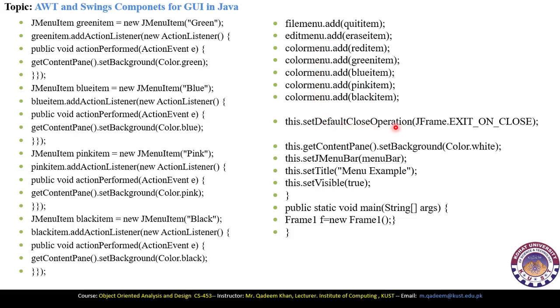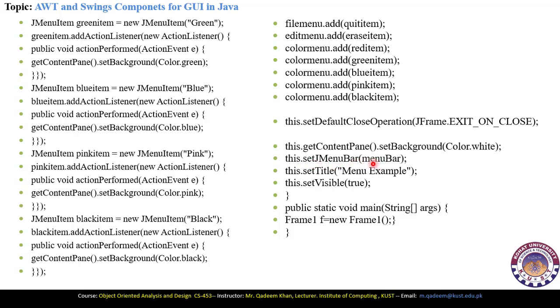this.setDefaultCloseOperation(JFrame.EXIT_ON_CLOSE). So when the cross button is clicked, the window will be closed here. this.getContentPane().setBackground(Color.white). So initially the content pane color will be white, and this.setJMenuBar means that here in the constructor, or in this current class object, which is this, we have defined the menu bar.